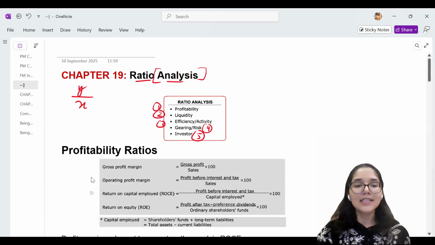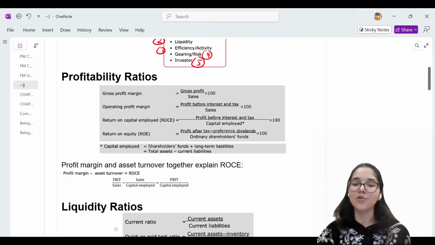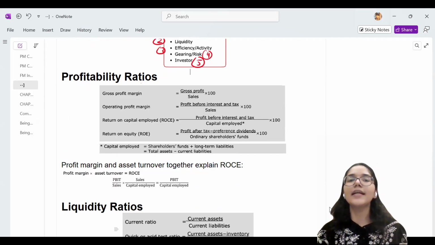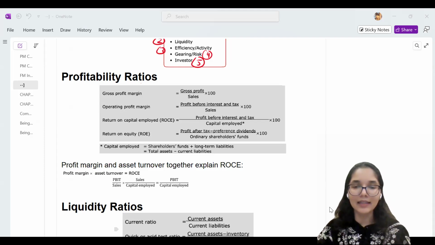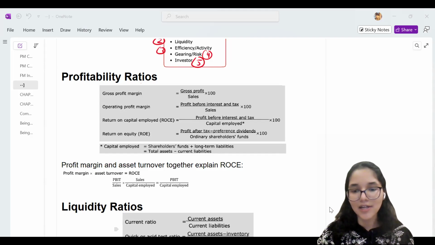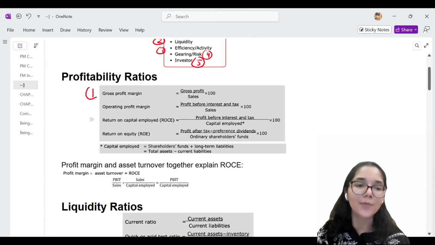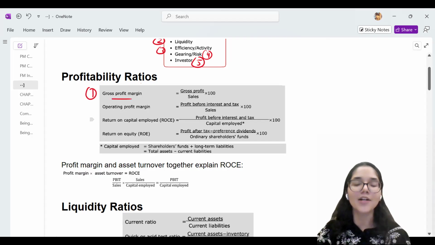So the very first category that we are going to learn about is the profitability ratio. Profitability comes from the word profit. So all the ratios that fall in this category will be measuring how much profit the business has generated. The very first ratio that we have as a part of the profitability ratios is the GP margin ratio.